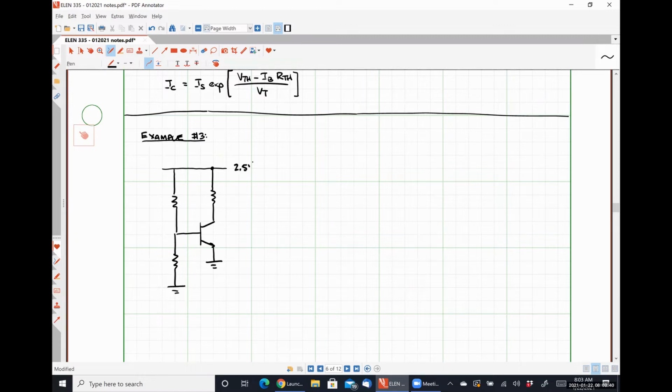A 2.5 volt power supply voltage, a 5 kilo ohm resistor on our collector terminal, a 170 kilo ohm resistor as R1, and an 80 kilo ohm resistor as R2.